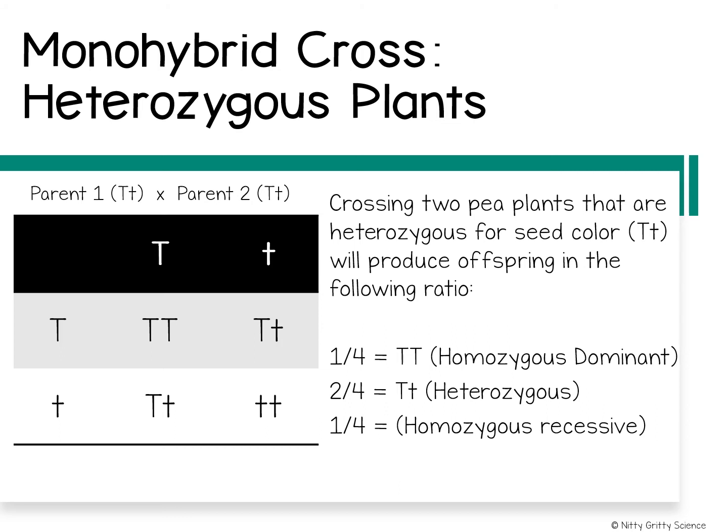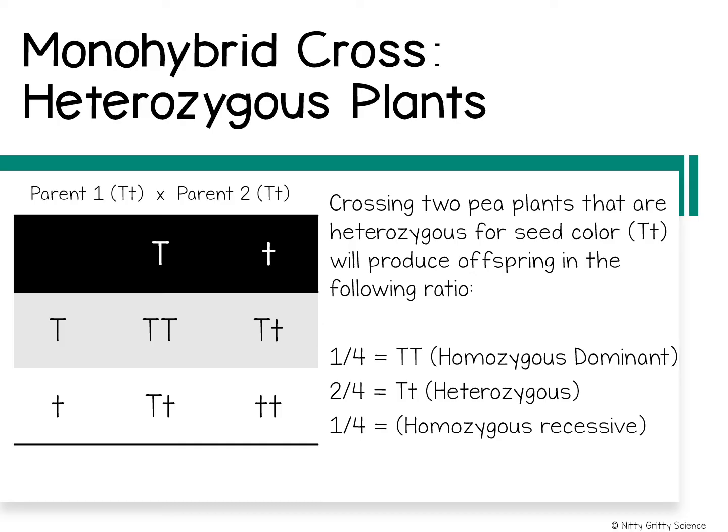By doing this, it will produce offspring in the following ratio. There is a possibility that 1/4 of the offspring will be homozygous dominant, 2/4 of the offspring, or half, will be heterozygous dominant, and 1/4 of the offspring will be homozygous recessive.